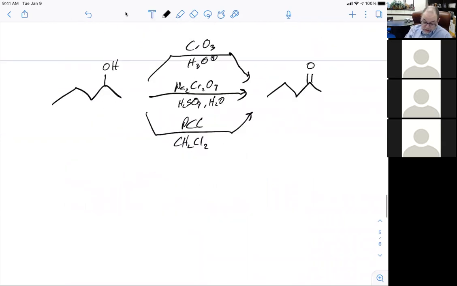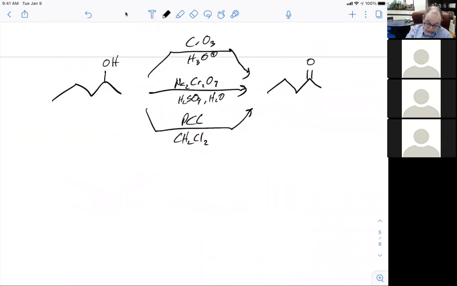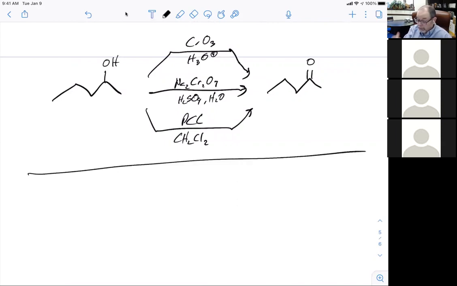So there are a couple of oxidations the book focuses on. There are actually whole books on alcohol oxidations, but two that have become very popular are the Swern oxidation, and a newer one that's become popular in the last 15 or so years, the Dess-Martin.